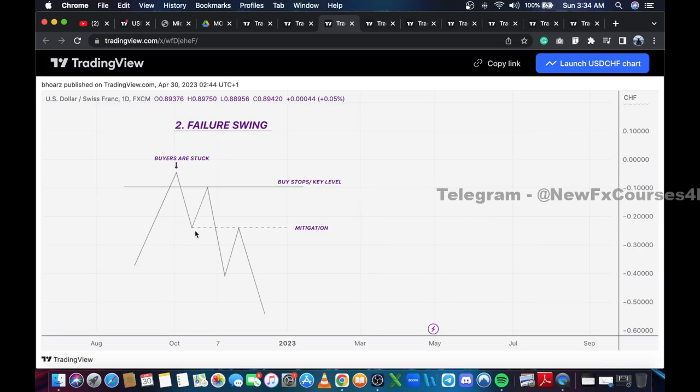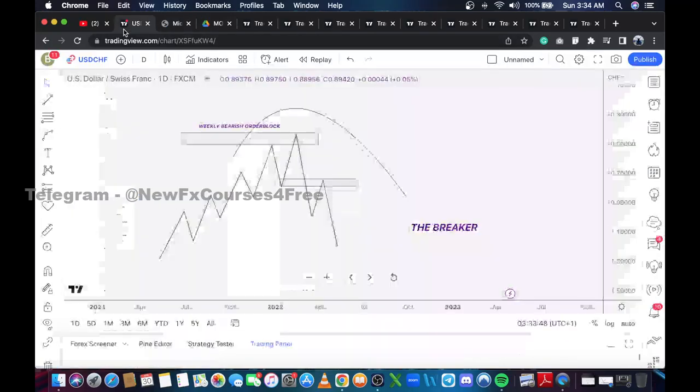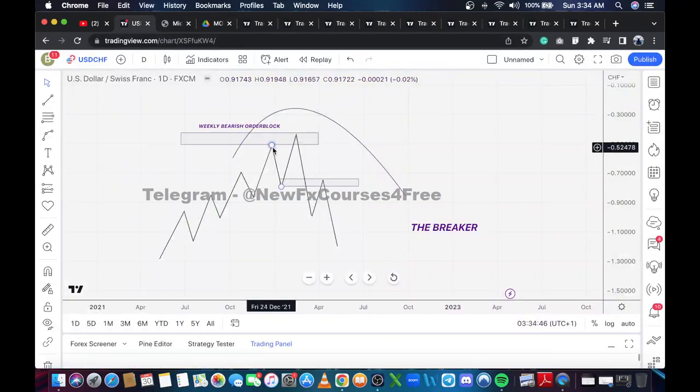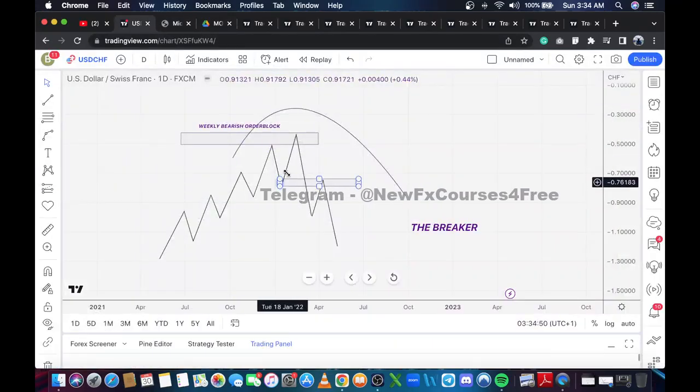Now, we call this a failure swing because the next swing fails to run above the initial swing that gets up into our key level. Unlike the breaker block, where the next swing runs higher.